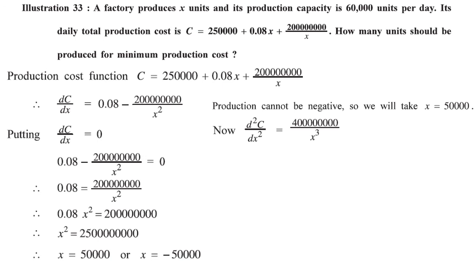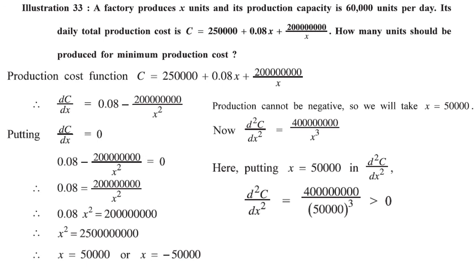That is the second order derivative here. So when we put the value of x as 50,000 into the equation here, it becomes d square c upon dx square is equal to 40 crores upon 50,000 cube. No matter what is the value, it is positive. So positive is greater than 0. So production cost is minimum at x is equal to 50,000.